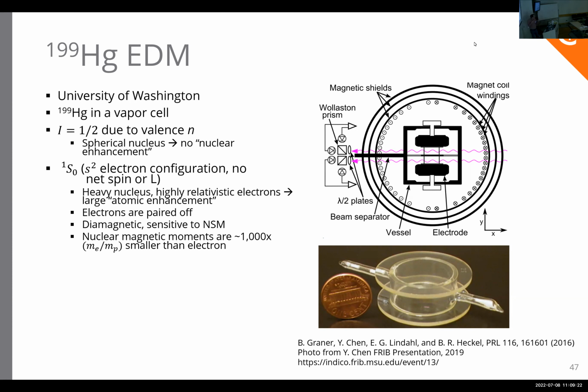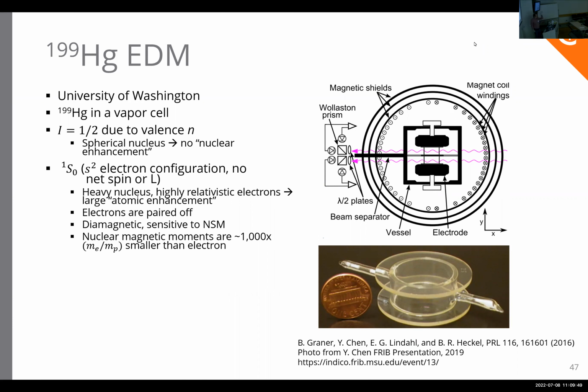So it has potentially a nuclear Schiff moment. It has a spherical nucleus, so it doesn't have this sort of octupole nuclear enhancement I talked about. About the electronic structure, if this symbol is unfamiliar to you, I'll talk about them a little bit later. Mercury has two paired-off s electrons as its valence.